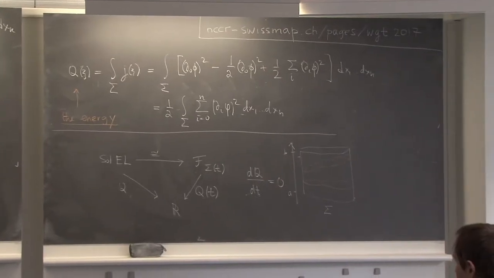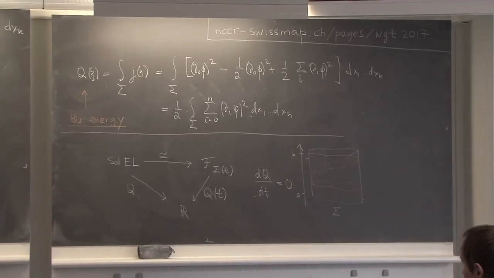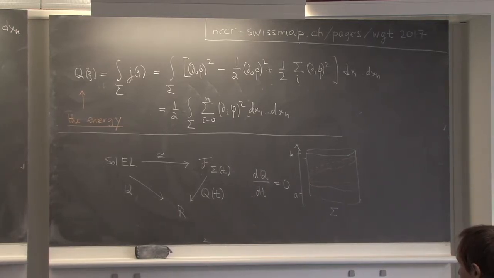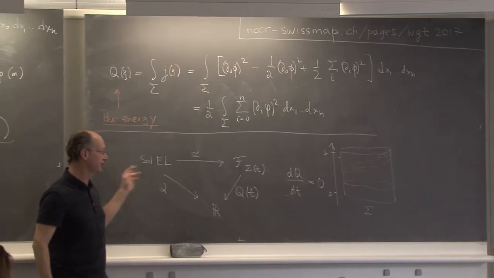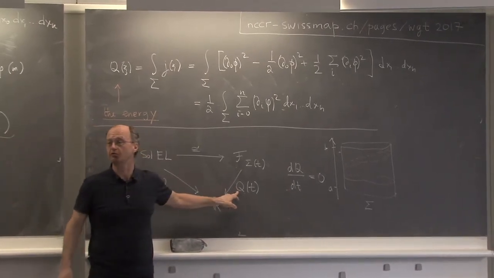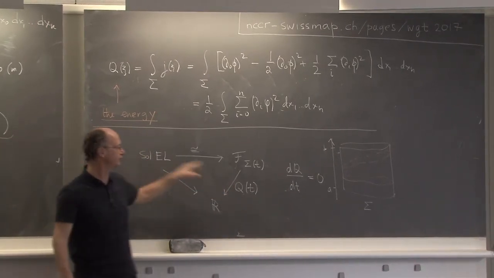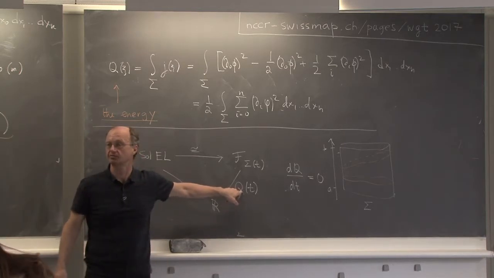Now, in the remaining half an hour, I would like to reprove or prove the theorem that we failed to prove last time. And I would like to talk towards the end about the relation between the two forms. Recall that on Sol EL we have a two form and the charges.